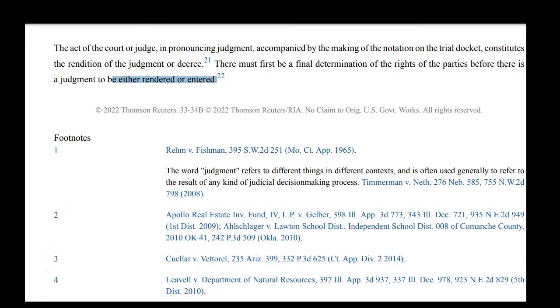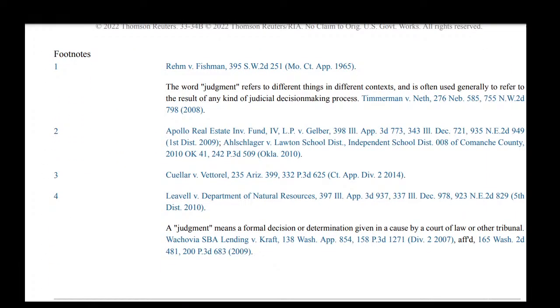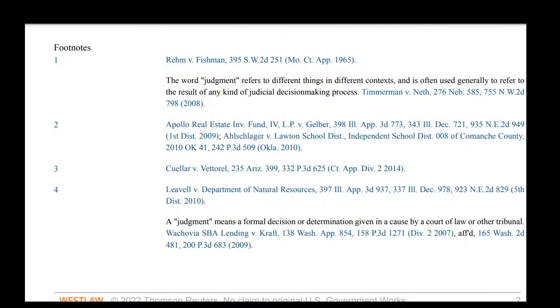Interesting. So now we have some additions here to the footnotes. We have, from this 1965 appellate case, the word judgment refers to different things in different contexts and is often used generally to refer to the result of any kind of judicial decision-making process.